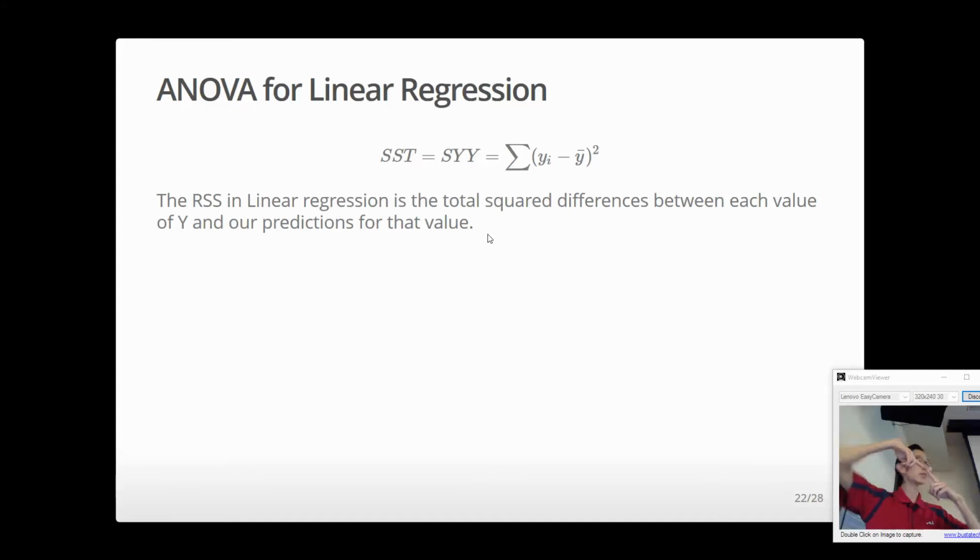Of course, each individual data point doesn't follow that line exactly. So whatever the difference is between our line and the actual data point, that is our residual, and we square those and add them up. So the residual sum of squares, which is pretty much the definition of a residual squared and summed, is the sum of y minus y hat, squared.